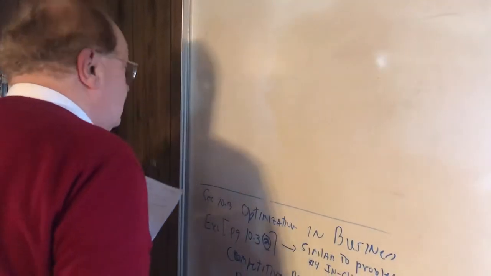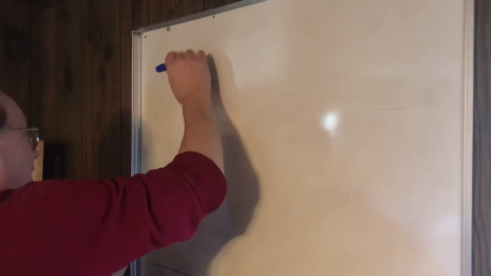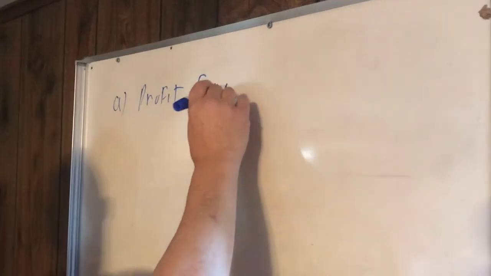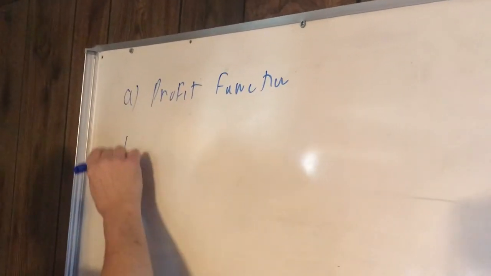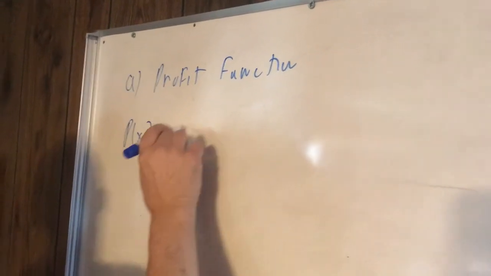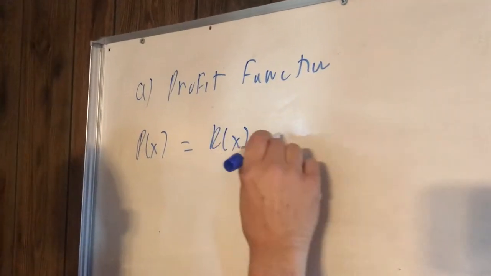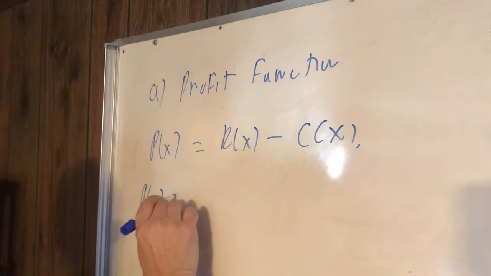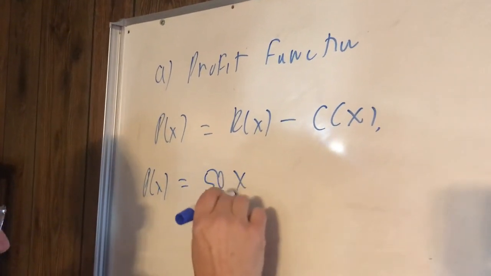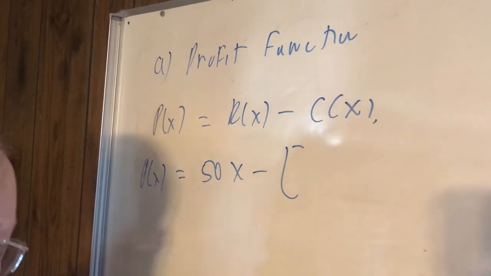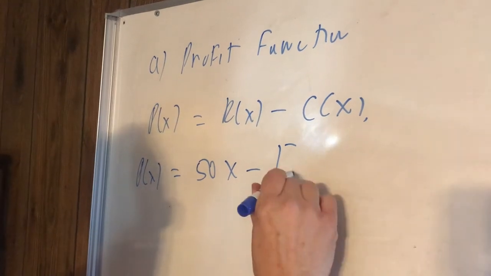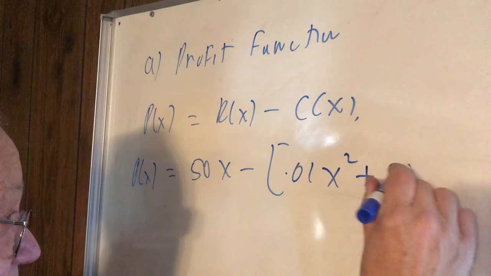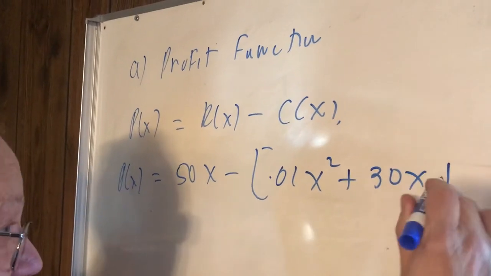Well, anyway, A, find the profit function. Well, P of x is the revenue minus the cost. Profit function is 50x minus bracket 0.01x squared plus 30x plus 1900.